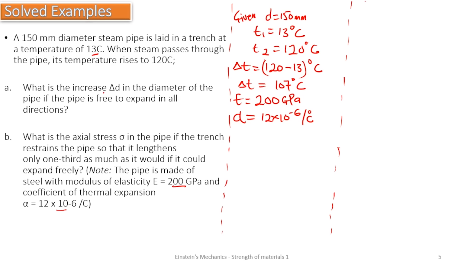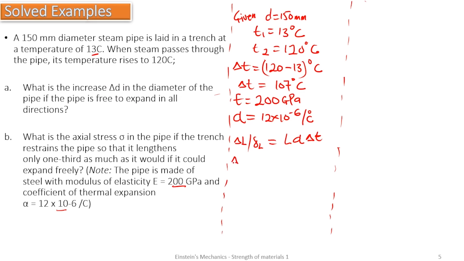So, what is the increase in diameter? We know that for bars or for materials under thermal action or the influence of temperature, the change in length or the deflection in length is given by the length, alpha, and change in temperature. So this time it is not increasing in length but rather increasing in diameter, which is the same thing.